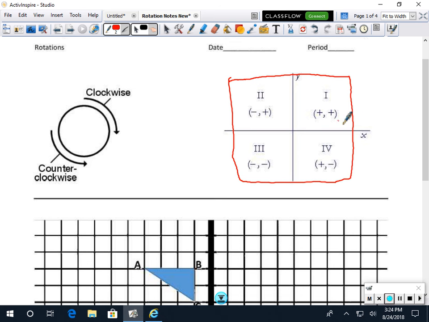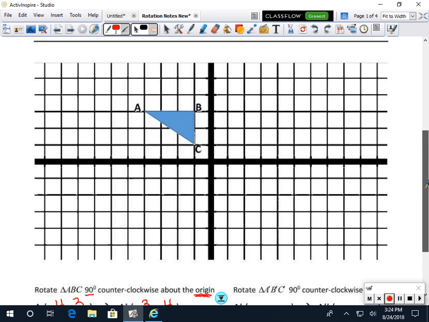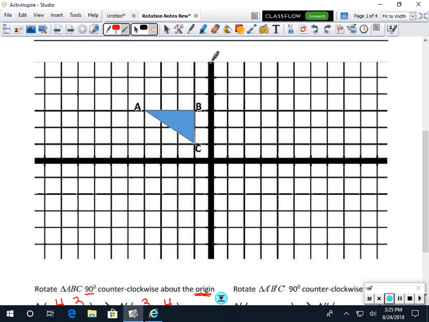When we're looking at a graph, this part of the x is the positive part. This part of the y is the positive part. This is the negative x, and this is the negative y. So on my graph, if I'm moving it 90 degrees counterclockwise, I'm going from here where y is positive, x is negative.